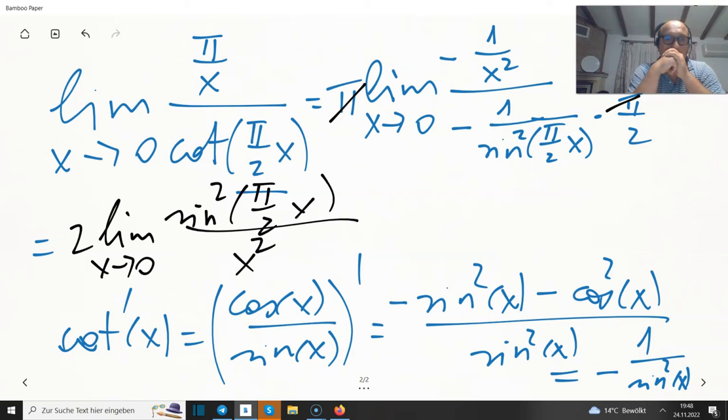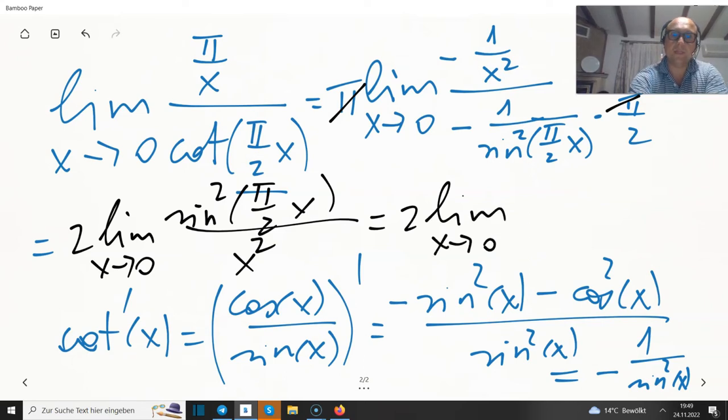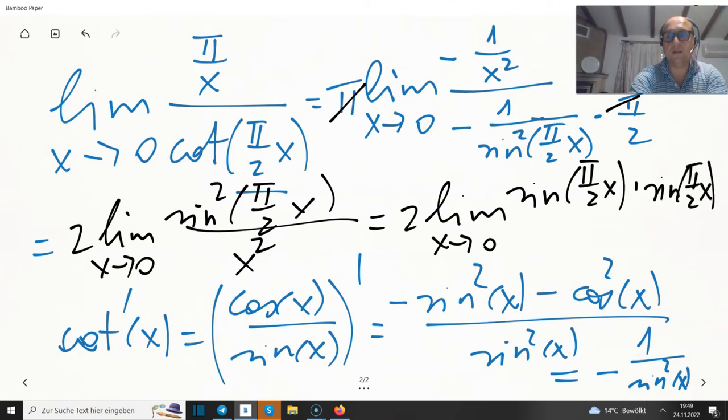Well, what's happening here? If you remember, sine of x divided by x is giving us 1. But what is happening? So let's rewrite it to the limit x towards 0 of sine of pi divided by 2x times 1 more sine of pi divided by 2x.